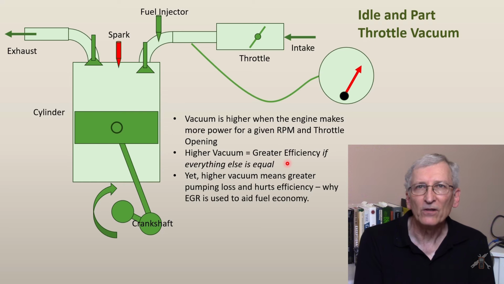But you'll lower the pumping loss and the engine will actually be more efficient, in addition to cutting nitrogen oxides and so forth. But again, the general principle is, if your engine's idling at 21 inches of mercury, it's being more efficient than if it's idling at 17.